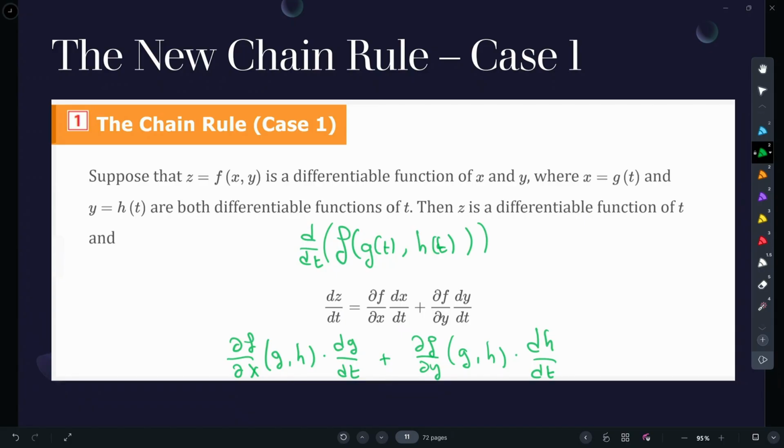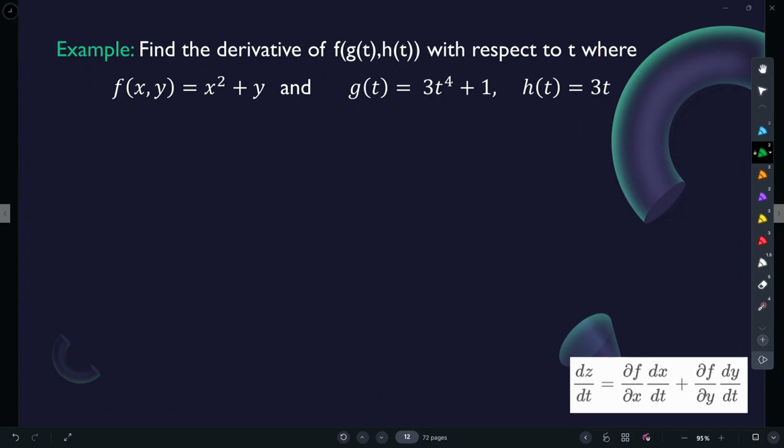This is the generalization of what was happening in the single variable case. So let's see an example of how that works.